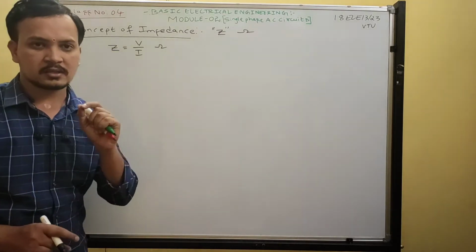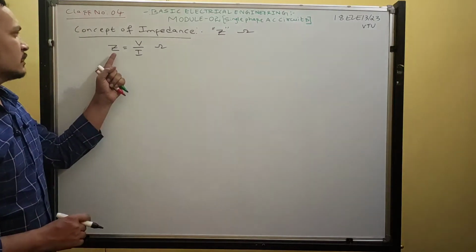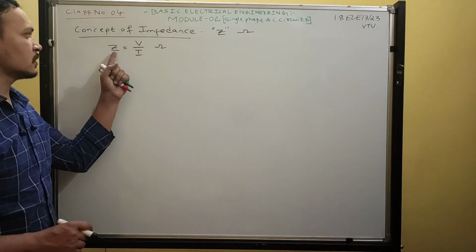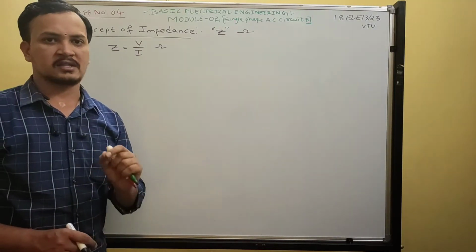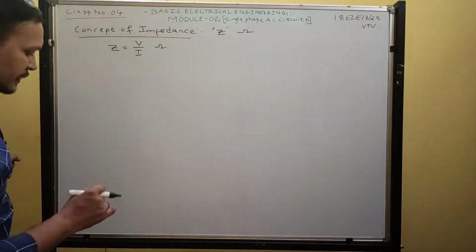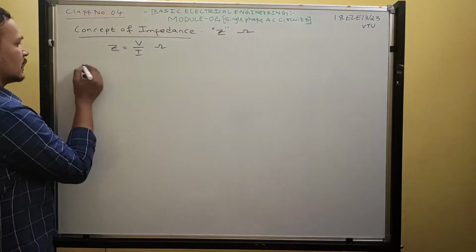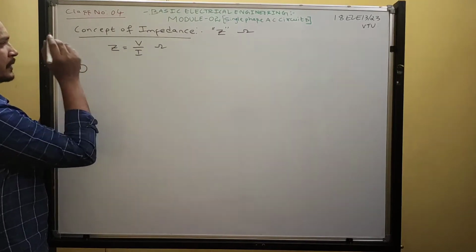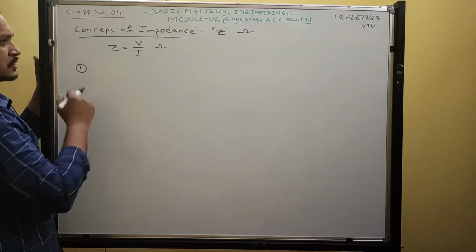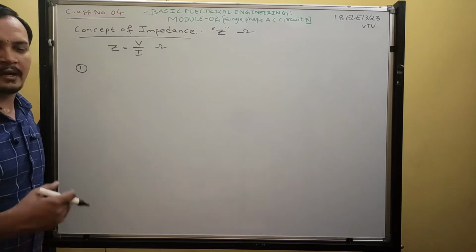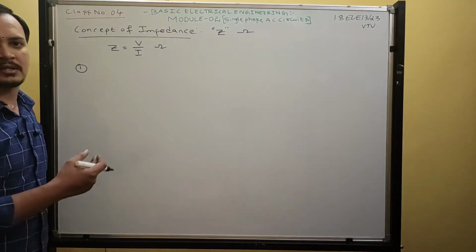If it is a DC circuit, then you should write V by I is equal to R, resistance. But in an AC circuit, we call it impedance. Okay, got it? We can see the impedance representation in polar form and rectangular form for various types of circuit.